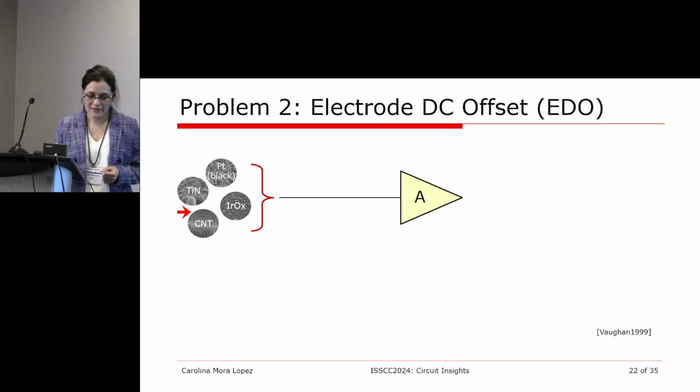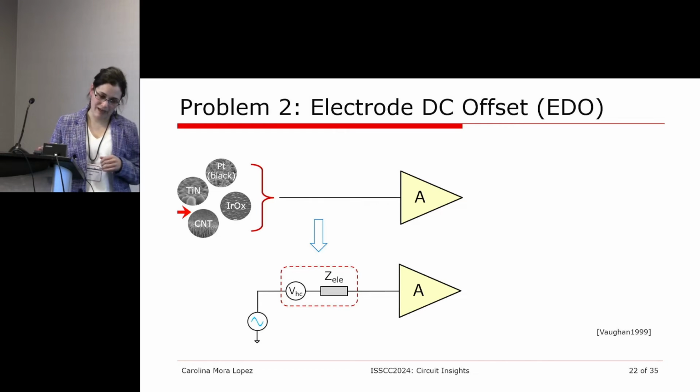So if we have an electrode of a certain material and you connect it to an amplifier, you will have a model like this: a voltage source representing your half cell potential, and an impedance made of your passive components. This is interfacing between your biological source and your amplifier.